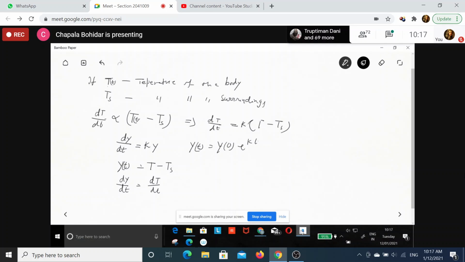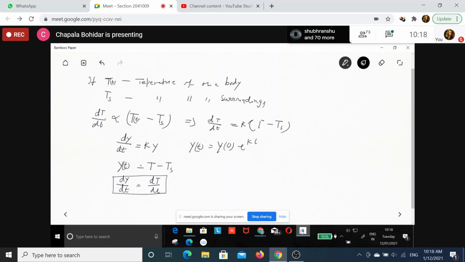So we can choose y(t) is equal to T minus Ts. From here we get the value of y0. After getting y0, we can find the constant k. After getting k, we solve our problem by using this formula. We convert to this form and solve our problems.